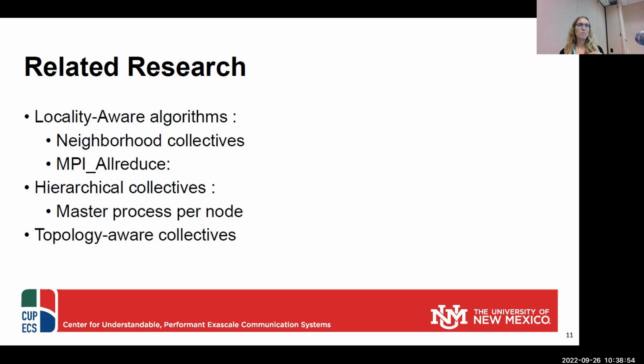So I'll go into depth a bit about the Allgather hierarchical collectives. But the idea of hierarchical collectives is just that you have something like a master process per node. And so then you don't have a bunch of communication between nodes because you only have one process doing all the communication. There are alternatives there that you could have, say, 2 master processes per node. Similar idea.